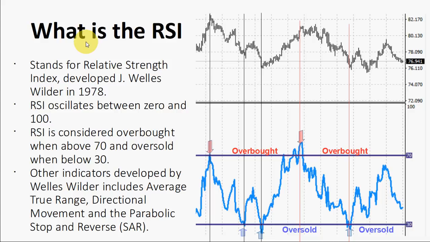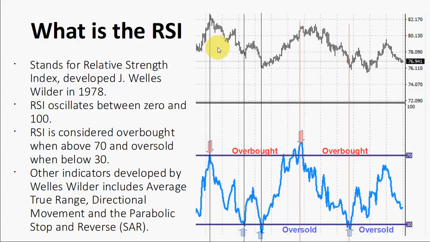Traditionally, and according to Wilder, RSI is considered overbought when above 70 and oversold when below 30. So we have the overbought here, which is anything above 70 level, and oversold anything below 30 level. So this is the 30 level, and that is the 70 level.